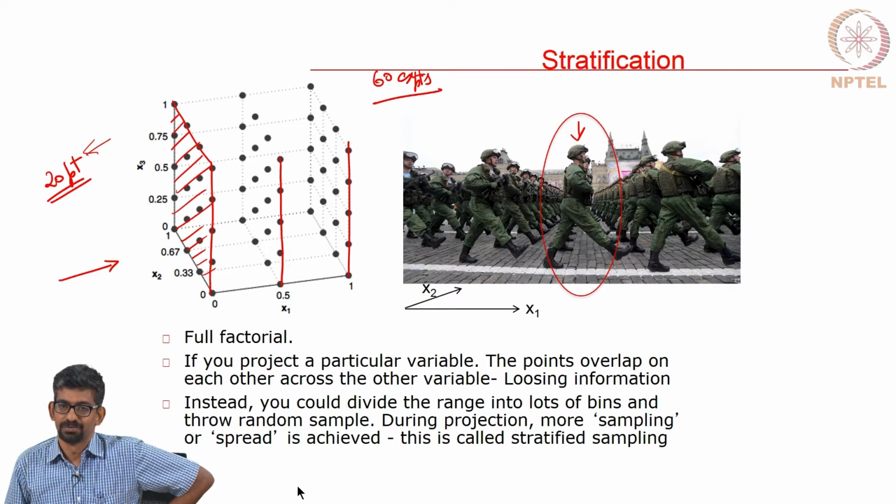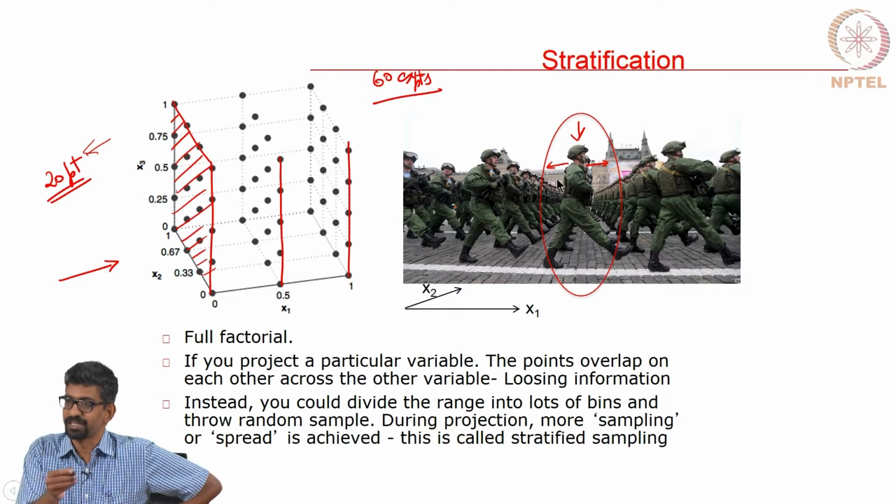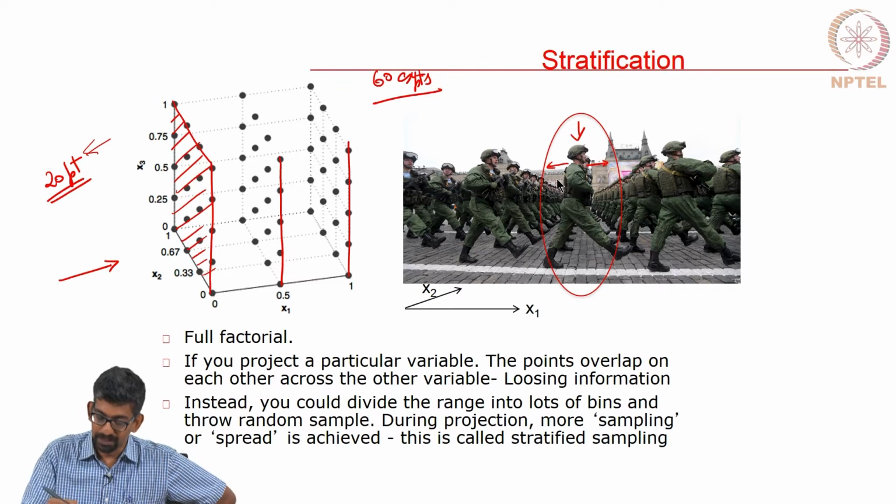So, kind of. I ask this guy to come out a little bit this side, the third guy to come out a little bit that side. But then the fifth guy again comes behind the third guy, so that I cannot see him. So, I want to perturb these points a little bit.